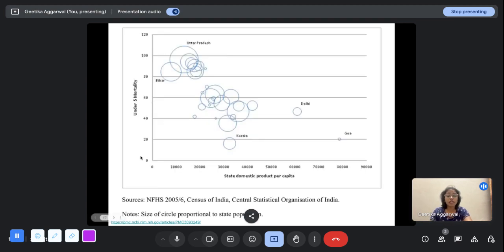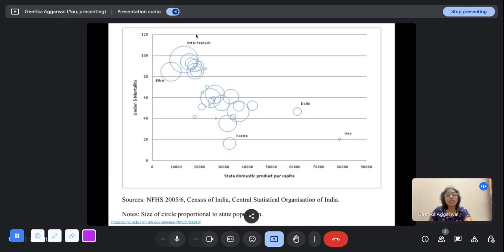Moving on to, again, under 5 mortality, when you look at it state wise, with state domestic product per capita, here you see the under 5 mortality is much lower for Kerala. The size of the circle is proportional to the state population, and Kerala does not have a very big population.